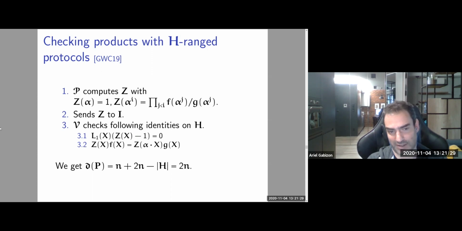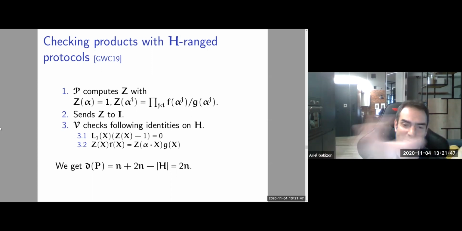If you look at the second row, the 3.2, we're checking an identity of degree 2n, because it's z times f. So we have this factor, the degree of the identity minus the size of h, which will correspond to this quotient polynomial, which will be sent. So it's 2n minus h. H is also of size n, so we get 2n.